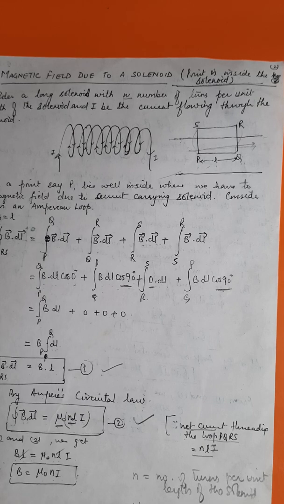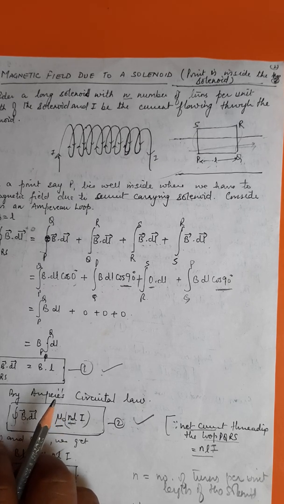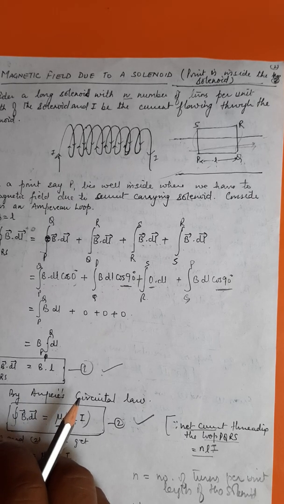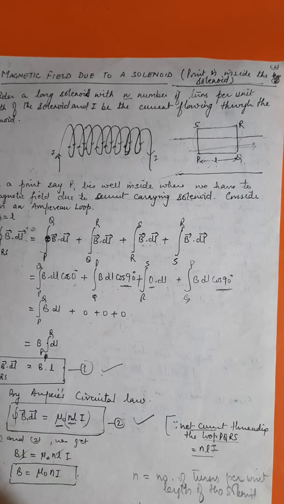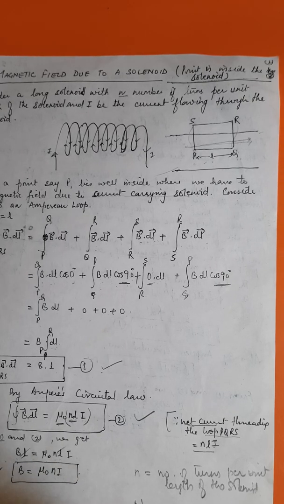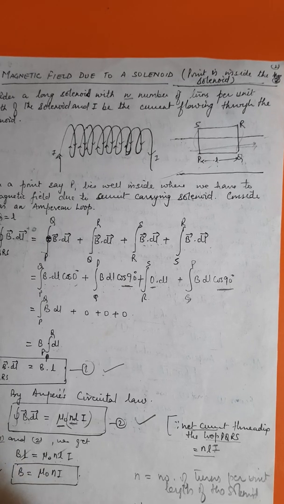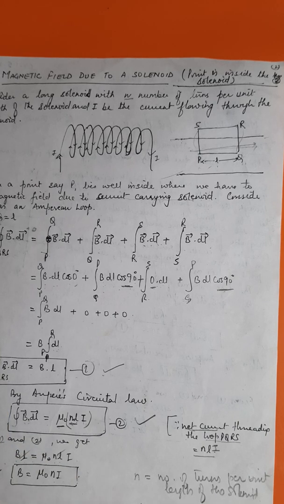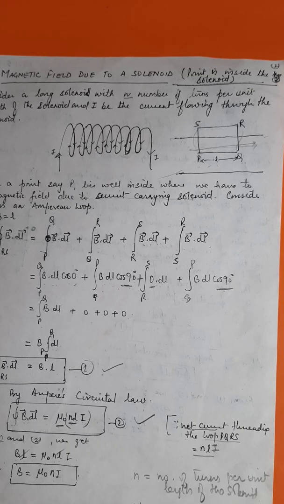So by using Ampere's circuital law, we can find the magnetic field due to a straight infinitely long current-carrying conductor, and the magnetic field due to a long straight solenoid. This Ampere's circuital law can also be used to find the magnetic field for a circular solenoid.